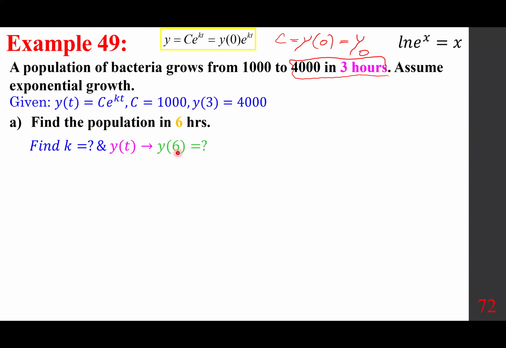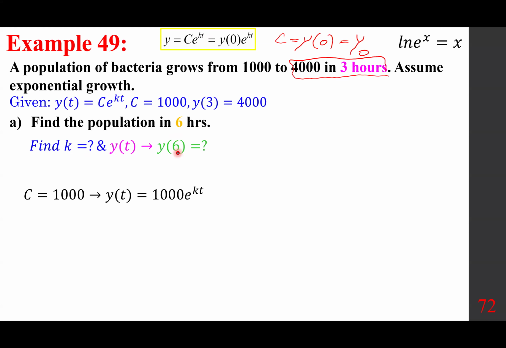That is the process. So we're going to go in that order.